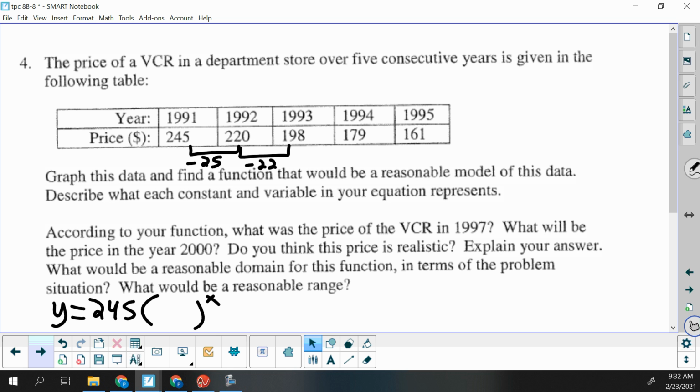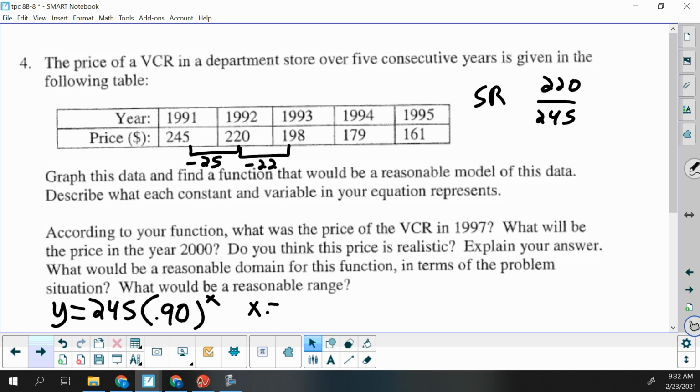To find that something, we can do our successive ratio. We'll do our second divided by the first. And when we do that to the nearest hundredth, we're going to get 0.90. Now, if we had done our other successive ratios, like the 198 divided by 220, it may not be exactly 0.90, just because they probably had to round to whole VCRs, but it should be about the same.